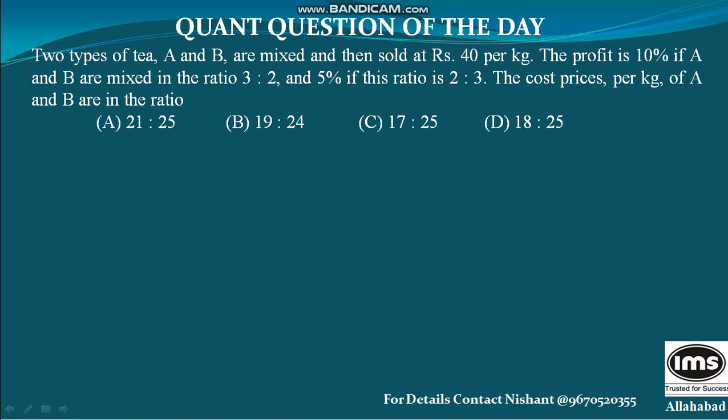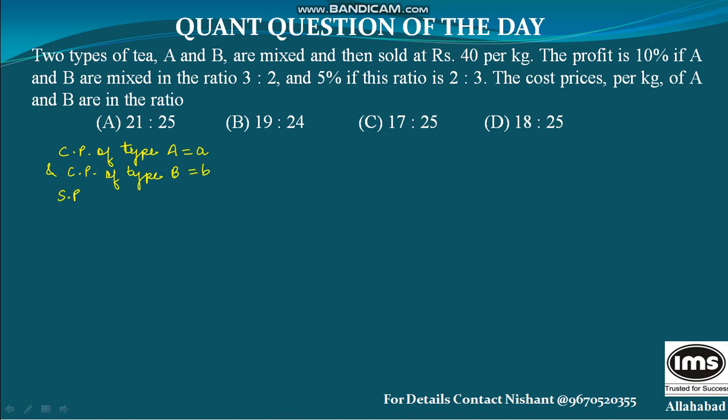We can easily solve this question using the concept of alligation. Let the cost price of type A be small a and the cost price of type B be small b.